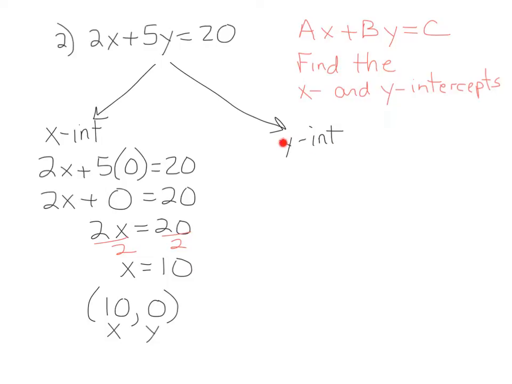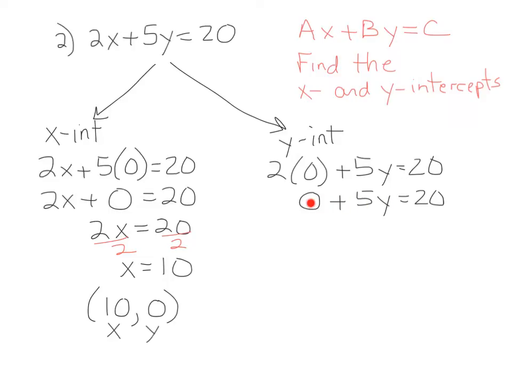Now you do the same type of thing, but you're looking for the y-intercept. When you're looking for the y-intercept, instead of plugging 0 in for y, you plug 0 in for x. So you use the same equation, but x comes out and you plug 0 in. So 2 times 0, plus 5y equals 20. 2 times 0 is 0, plus 5y equals 20.